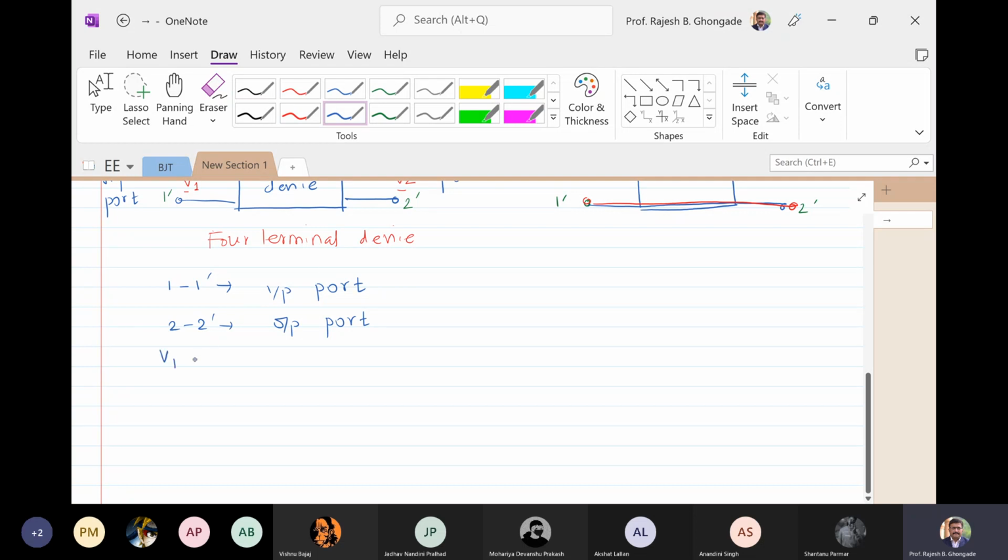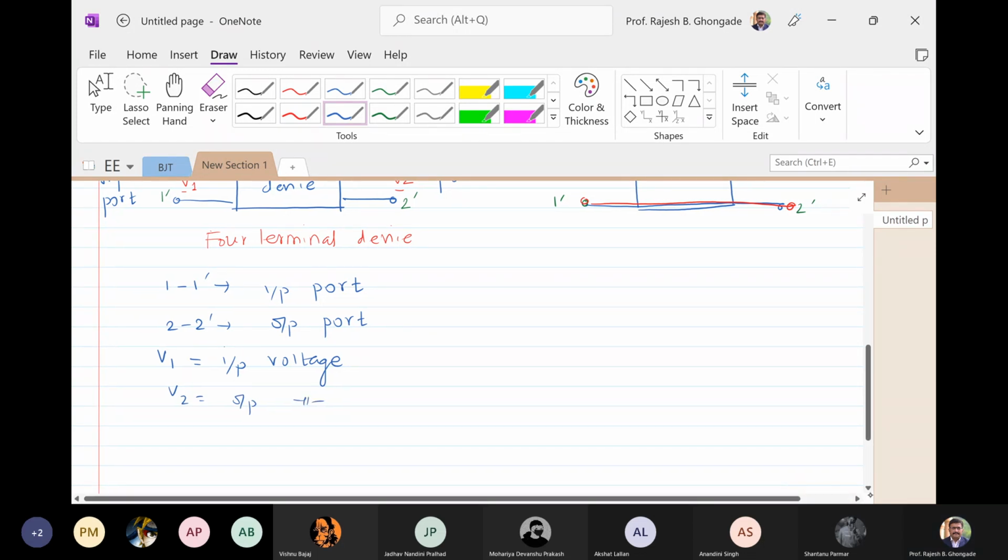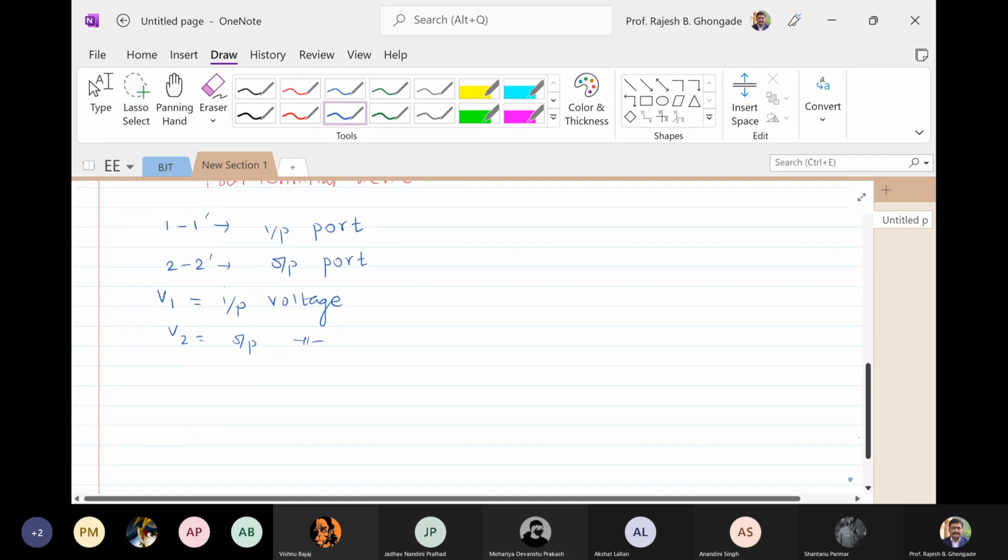V1 represents the input voltage, V2 represents the output voltage, I1 represents the input current, and I2 represents the output current.